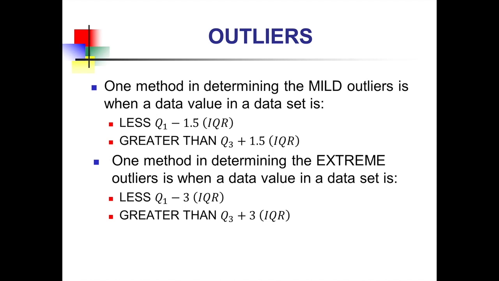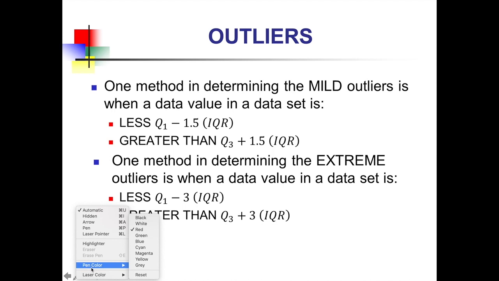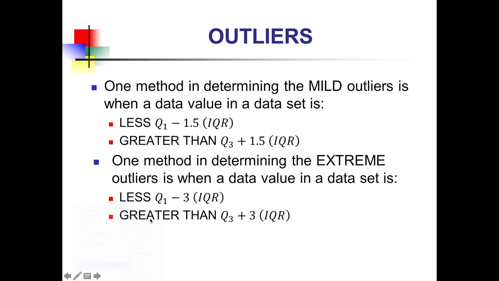Actually, we can determine an outlier using both the mild outlier method, which is the first one on the top part of our presentation, and the second one, the extreme outlier. Now, for the mild outlier method, the formula is Q1 minus 1.5 multiplied by our IQR, or the interquartile range.